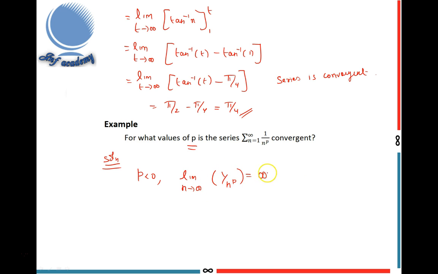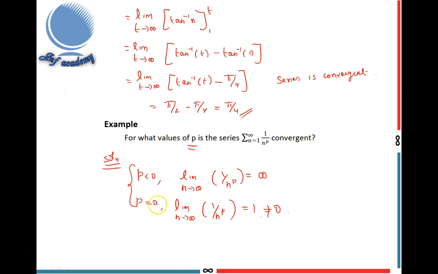Next I analyze the case P equal to 0. Then limit n tends to infinity of 1 by n power P, with n power 0 equal to 1, is 1 by 1, which is 1. In either case the limit of a_n is not equal to 0. So the given series diverges in these two conditions.